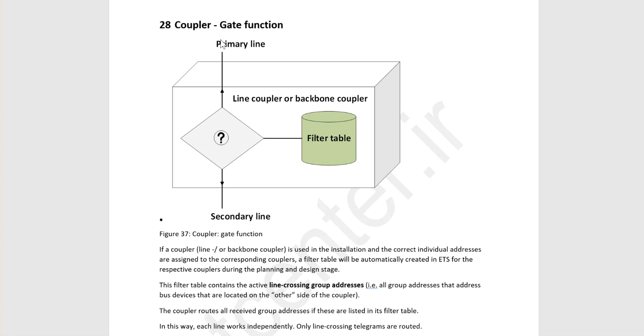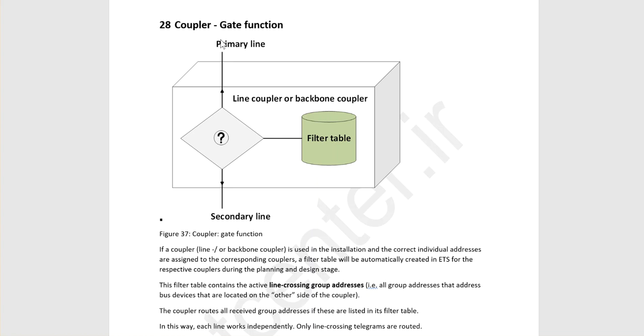So it makes the bus busy. And if at the same time lots of devices want to send, it may cause the system problems. So we should avoid this problem by using the filter table.